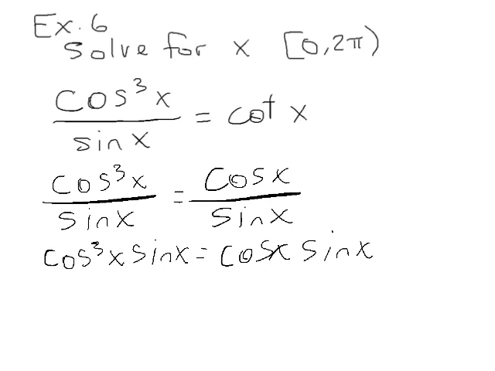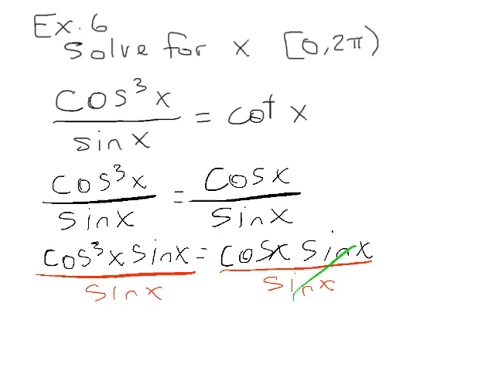I've got a sine x on both sides, so sine x we can lose. Okay, so he goes away. And then that's going to leave me with cosine cubed x equals cosine x.